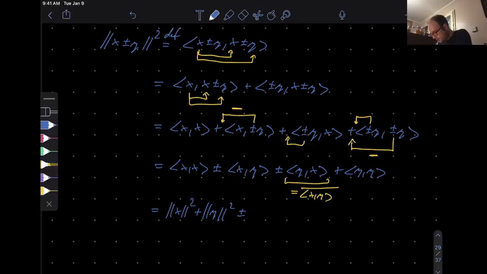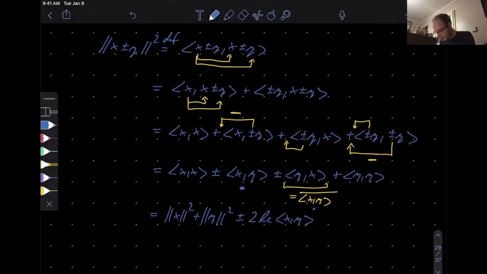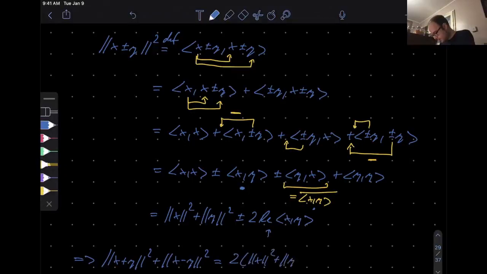So what you're doing here is you're adding a complex number, this one, to its complex conjugate, and that is twice the real part of the complex number. Of course, if you're over the real number field, then the real part just can be dropped. Okay, so you have this. Now, of course, you see if you add x plus y squared plus x minus y squared, then these terms here, they cancel out, and these up front, they add up, so you get twice x squared plus y squared. And that's it. That's the parallelogram identity.